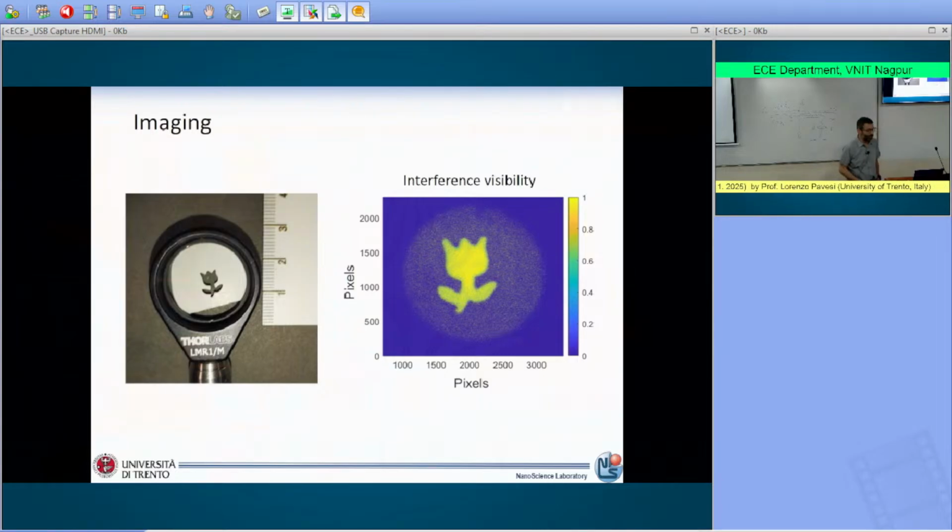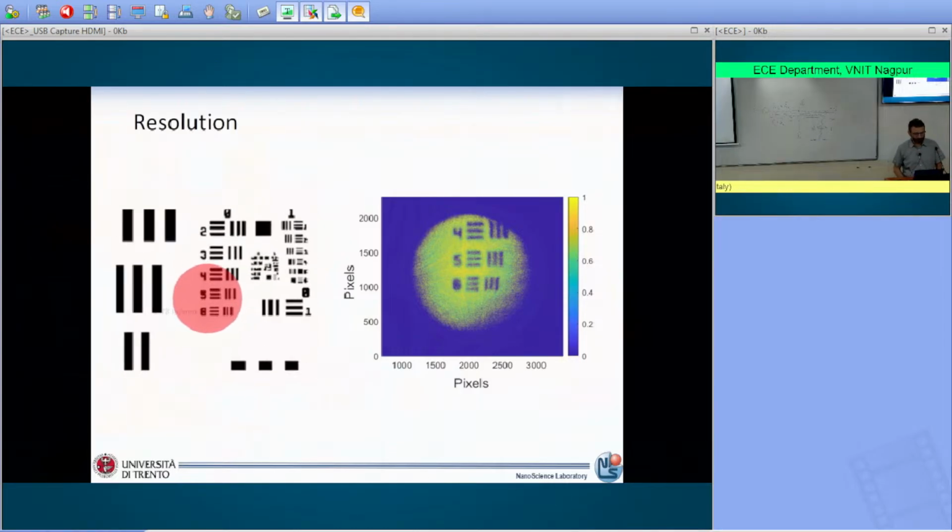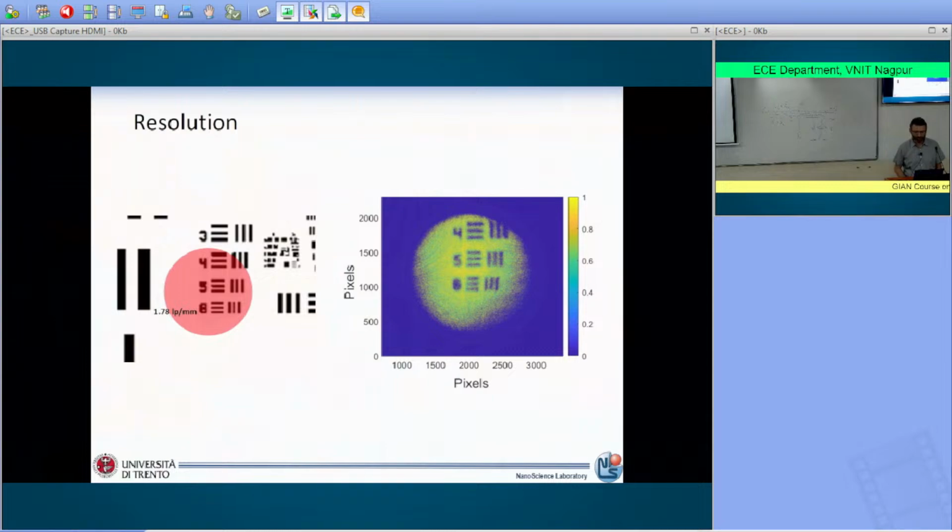We can even go to very high resolution, and this means that we can do quite good imaging by using this approach.